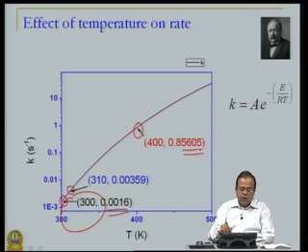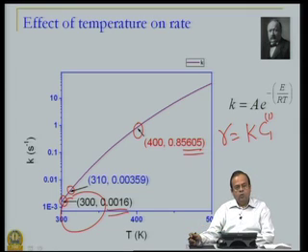Let me reiterate, if I say my rate of reaction is k C raised to 1, so a first order reaction, we all know that a first order reaction implies linearity of rate and concentration.